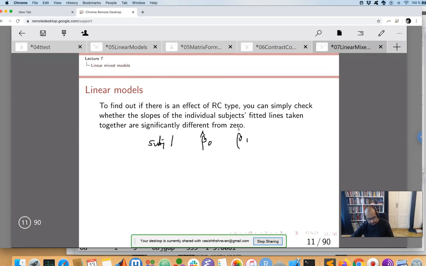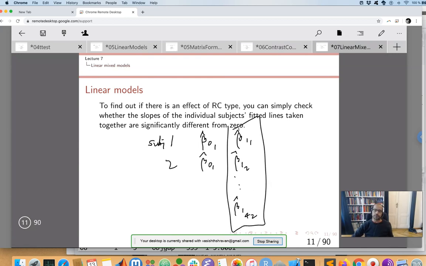These are my estimates for subject 1, so I'll give it an index 1 like this. For subject 2, I'll have another estimate of the intercept and another estimate of the slope, so I'll call this beta 1, 2, and so on. So I will have 42 slopes from these models, a vector of 42 slope estimates from the separate linear models that I fit for each subject.